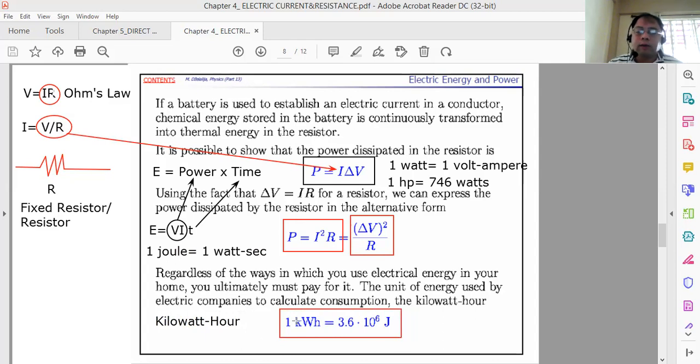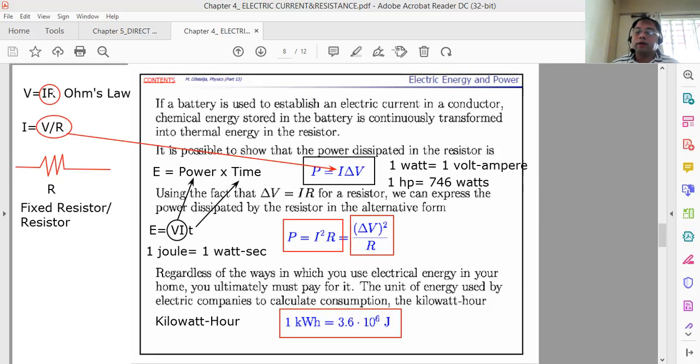Now we will see that 1 kilowatt hour of energy is 3.6 million joules. So look at the expression, 10 to the 6. This is telling you that a joule is relatively a small quantity.